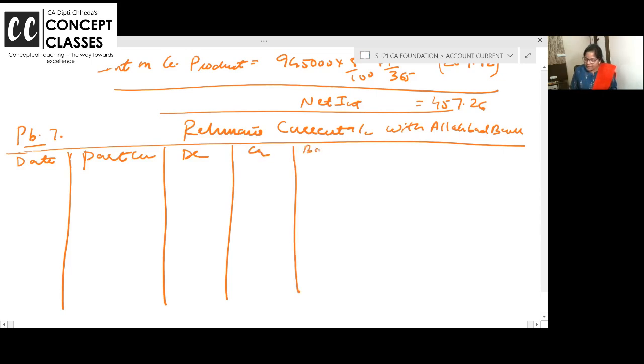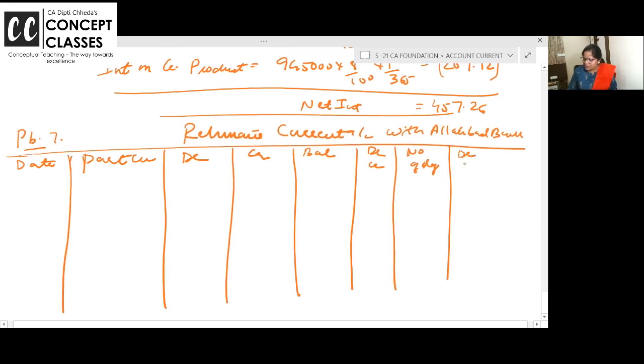Now you calculate the balance, and the balance is what? Debit or credit. Then you calculate the number of days, and then for product, 2 columns: debit product and credit product.